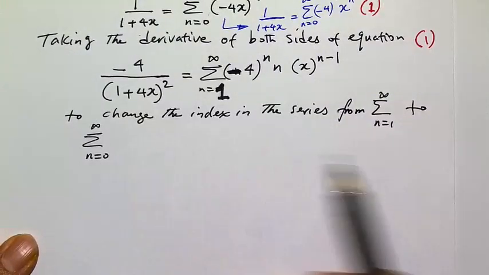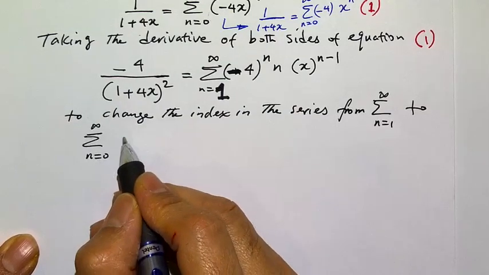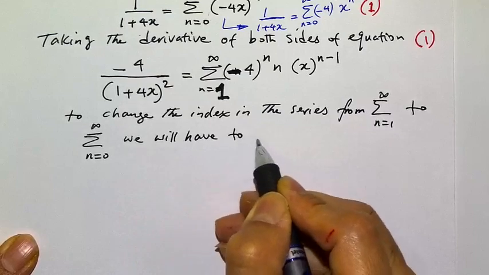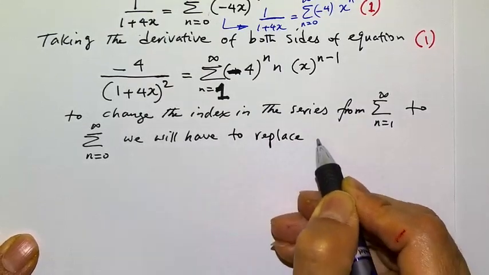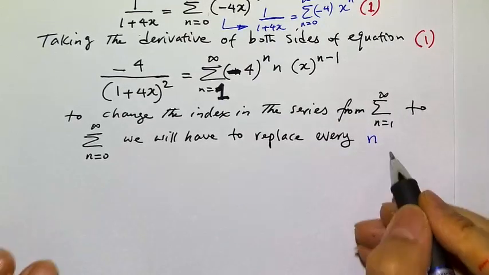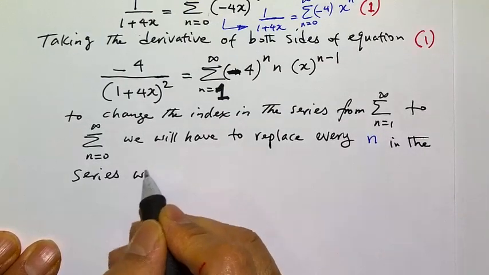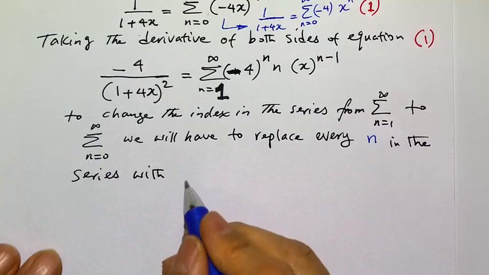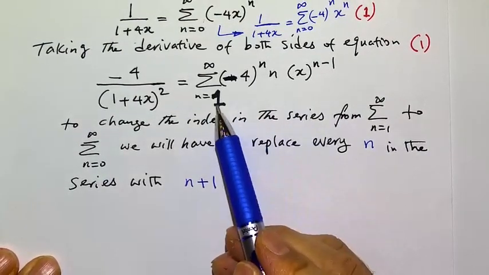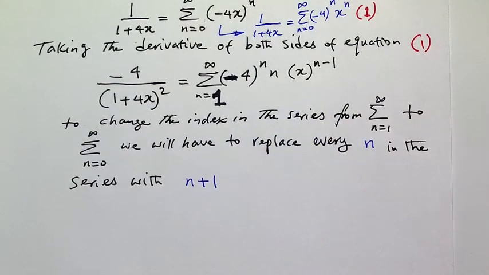Sometimes it makes sense if we keep it at 1 or even 2. So to that, we'll have to replace every n in the series with n plus 1. And that way we can change this back to 0 in the derivative. Okay, so let's do that.